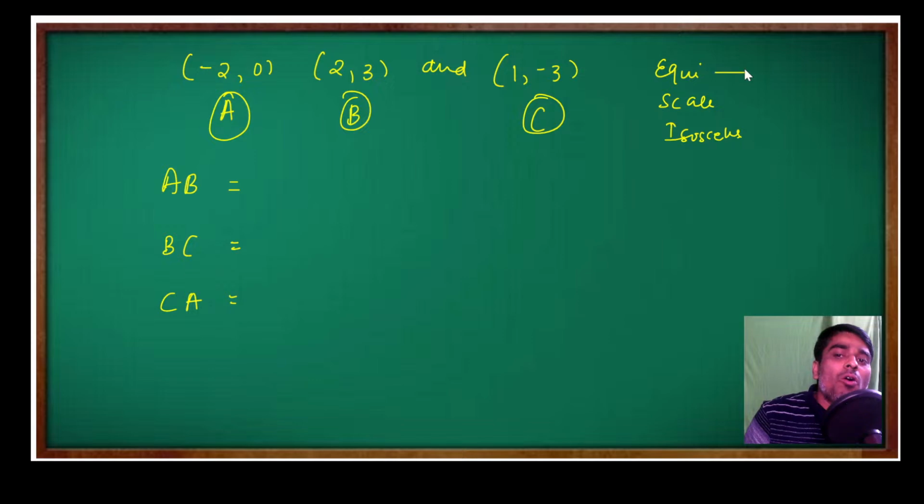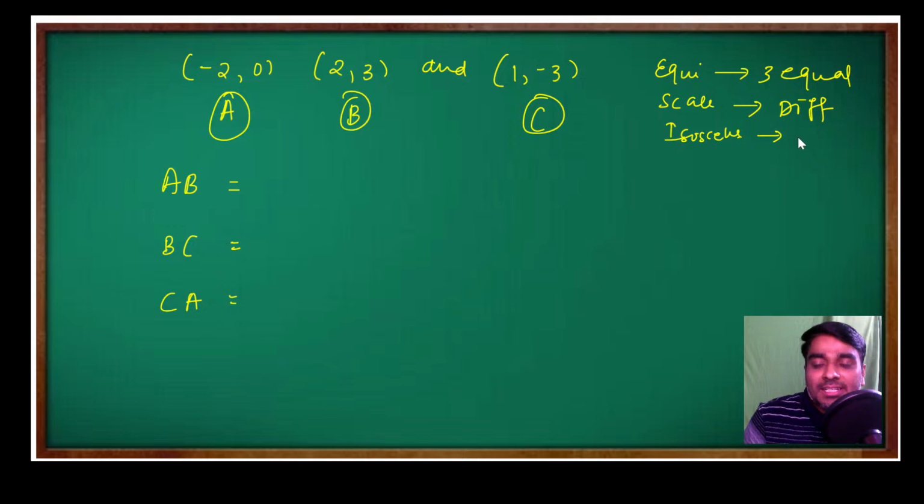If you get all 3 equal answers, then it is equilateral. If all 3 are different, then it is scalene. If any 2 answers are equal and the third is different, that is isosceles. That's why you have to do 3 combinations, AB, BC, CA, the 3 sides.